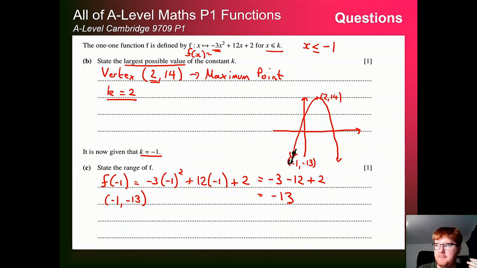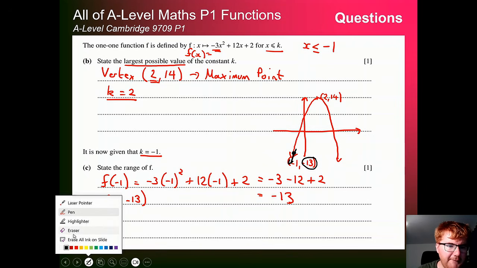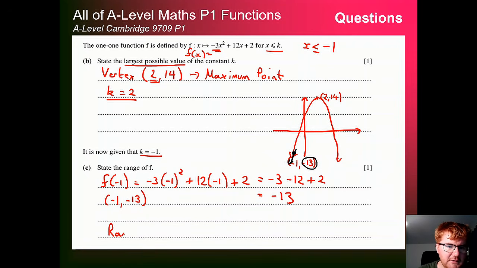So we want to go in that particular direction. Okay, what does that mean from a y perspective? We want everything from minus 13 and less than that. So our final answer here for the range from our diagram here, simply y is less than or equal to, be careful, because we've got a less than or equal in the question. Lots of little tricks you have to watch out for, is less than or equal to minus 13.